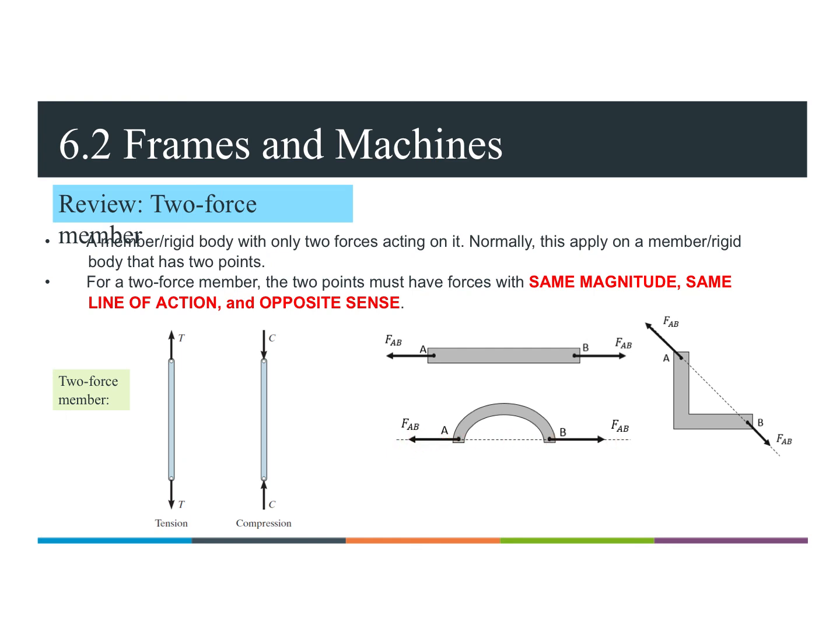Not to forget, we put the opposite sign in the opposite direction. Same goes for this L shape, which also contains a two-force member, opposite sense, in the same line of action.